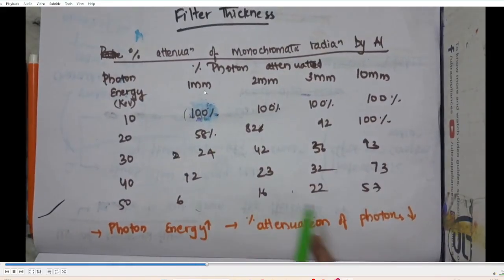So this is the table which is showing the percentage of attenuation of monochromatic radiation by aluminium, using 1, 2, 3 and 10 millimeters of aluminium.